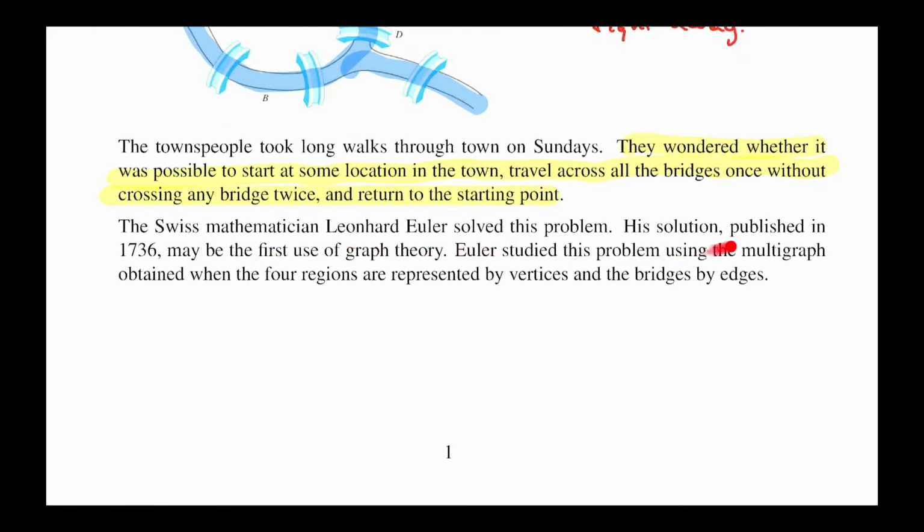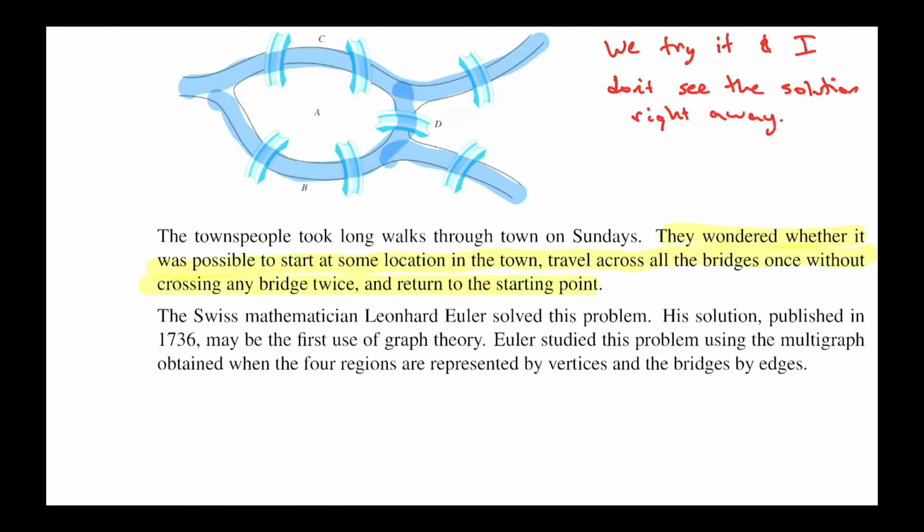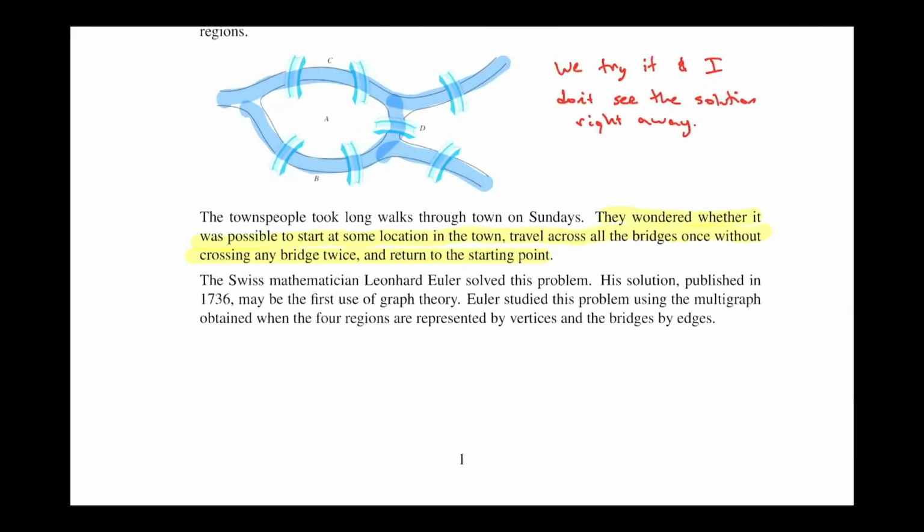So his solution is the first to use graph theory, and he used a multigraph to represent this problem. So here's how we're going to solve this with a graph.